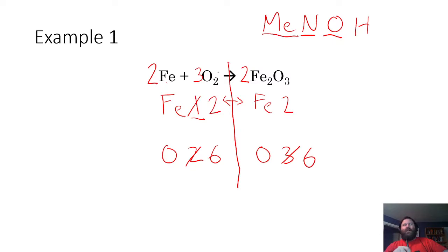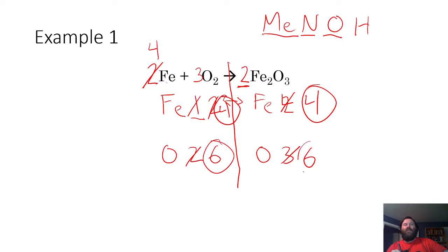But now this 2 that we did has changed the number of irons to be 4, oops, instead of 2. So we need to go back here and change that number to 4. And then finally we've got 4 irons here, 4 irons here, 6 oxygens here, and 6 oxygens here. And we are fully balanced.